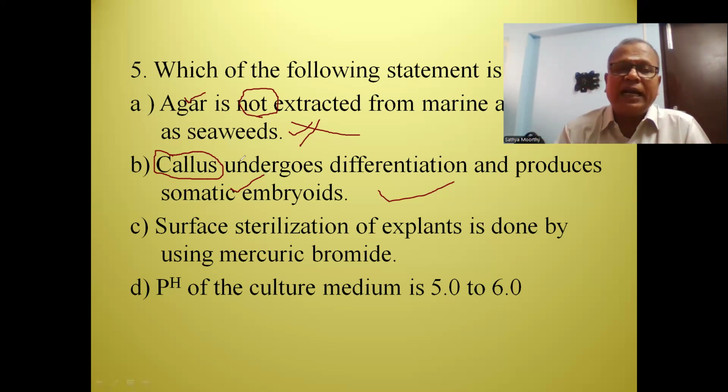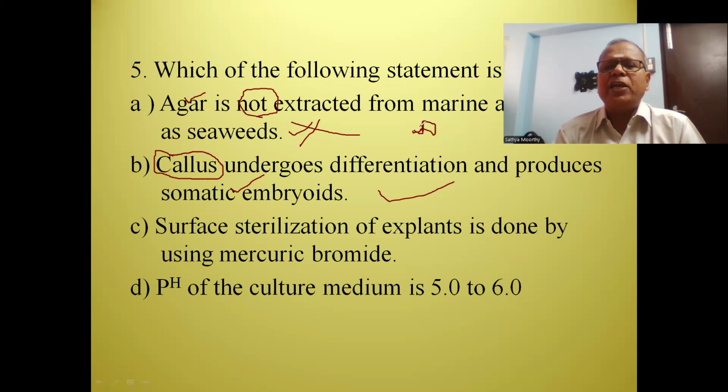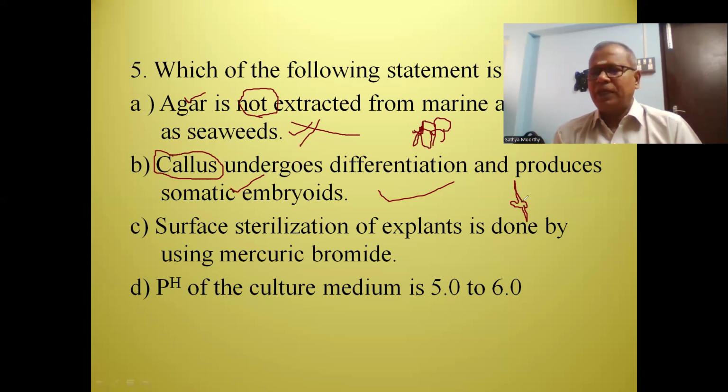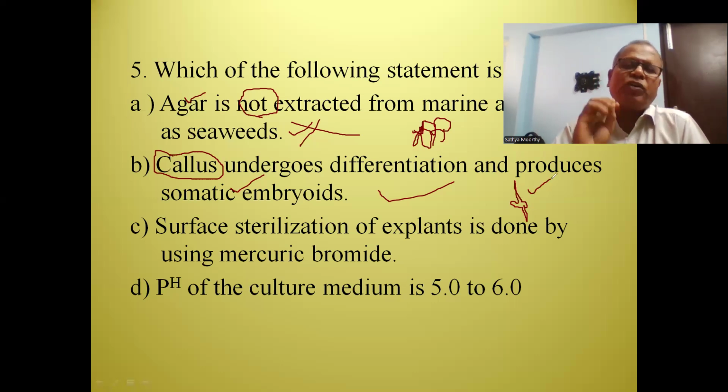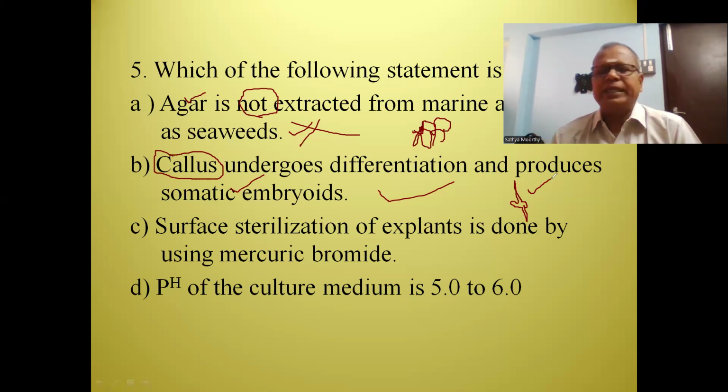The callus is undifferentiated, but a somatic embryo means an embryo with the radicle, cotyledon and plumule. It is developed from the somatic cells, so we are calling it a somatic embryo. It is due to differentiation, meristem into permanent.